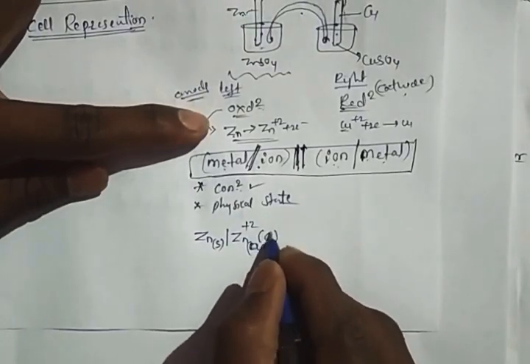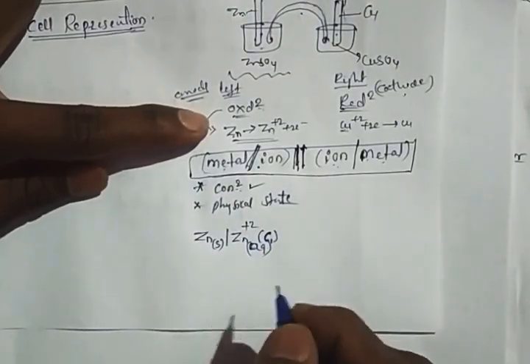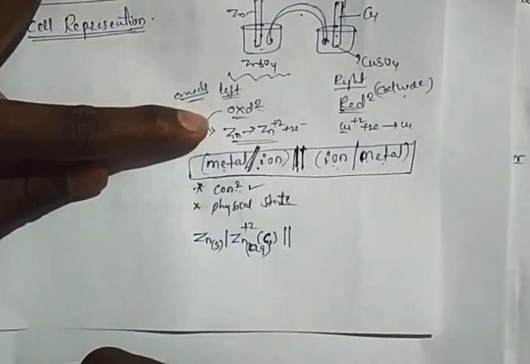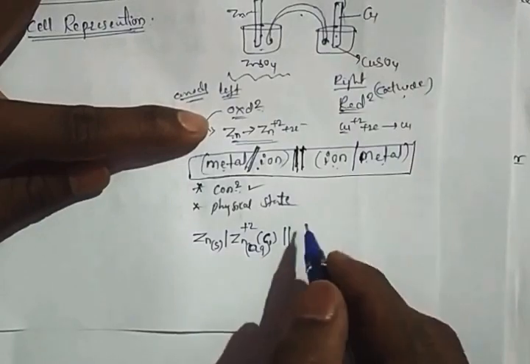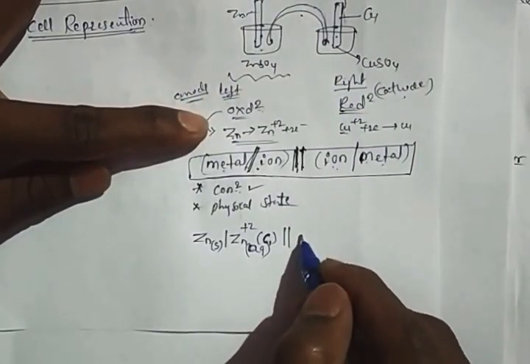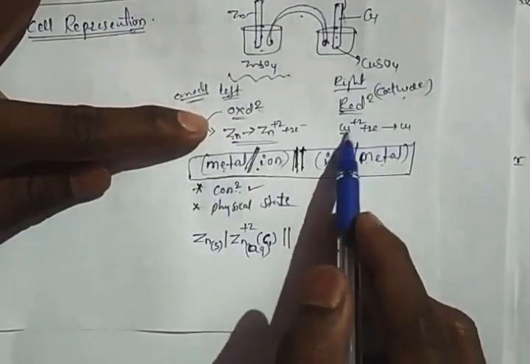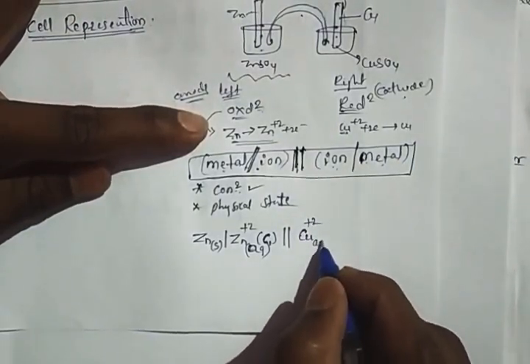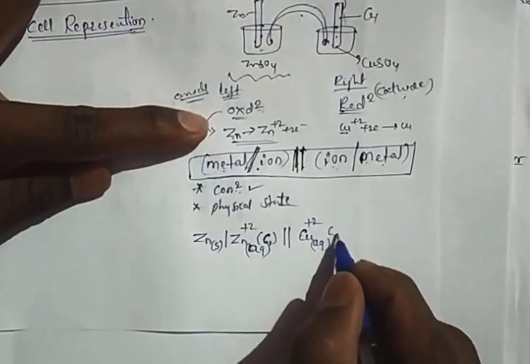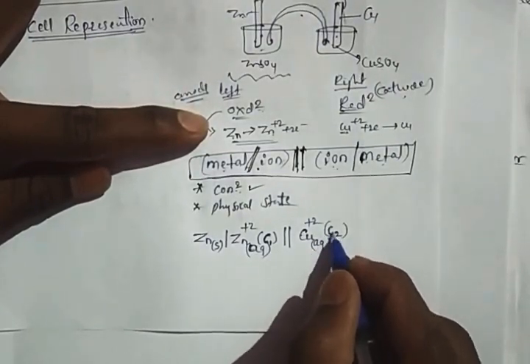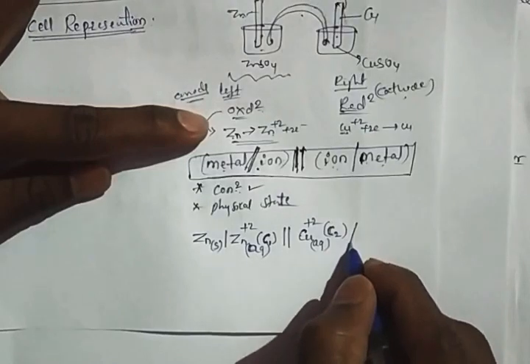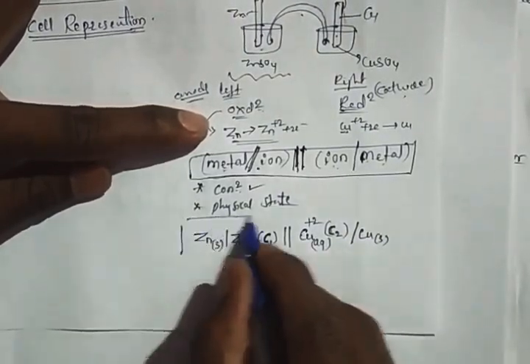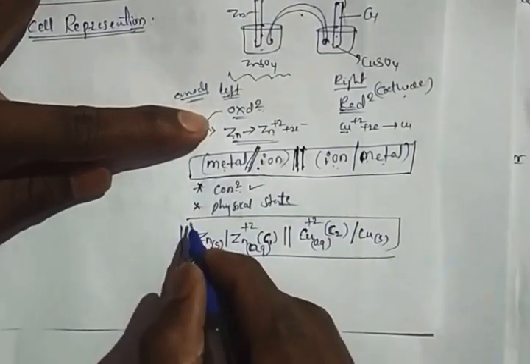We need to mention its concentration, C1, and this is separated by the salt bridge, that is the double slash. Next, on the right hand side, reduction takes place. Cu2+ ion is present in aqueous medium with concentration, let's say C2, and undergoes reduction to give copper, which is solid.